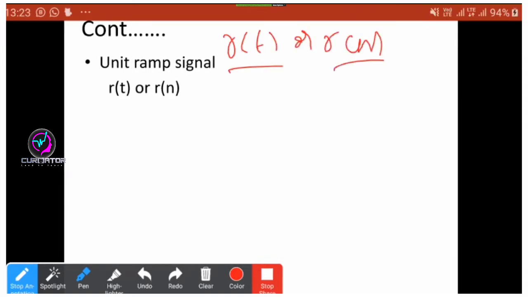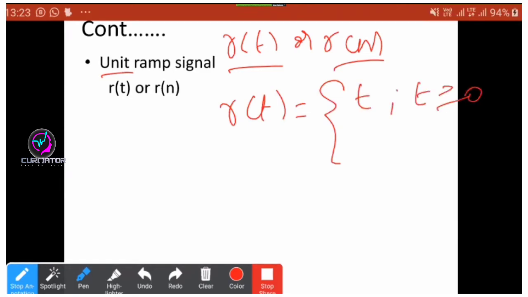This is the discrete time ramp. We call this a unit ramp because it increases by 1 unit. I will show an example. I will define it mathematically. Now r of t is equal to t for t greater than or equal to 0, 0 otherwise.